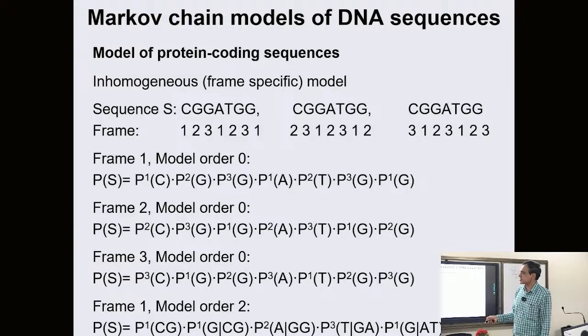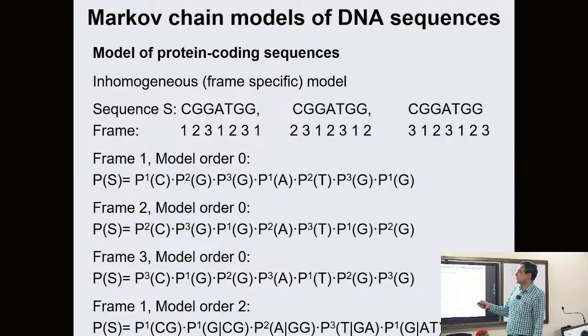Probability of starting in CG, and what is the reference position? You are considering this oligonucleotide, so reference position 1. That is why I put a hat 1 here, indicating the reference position.